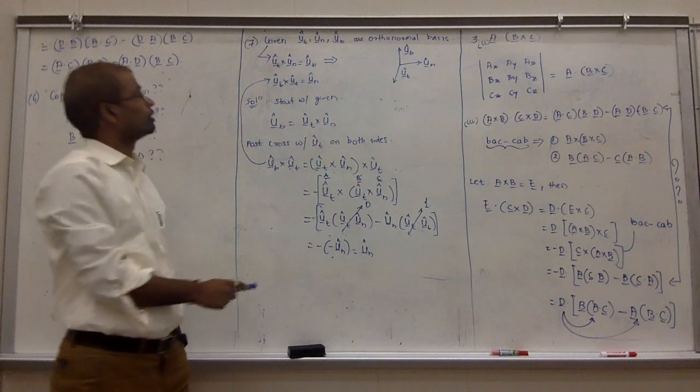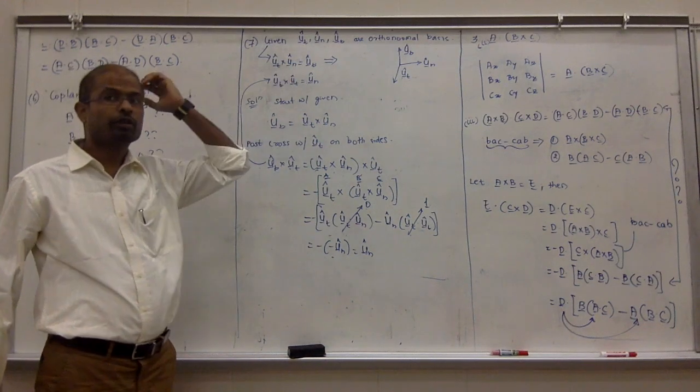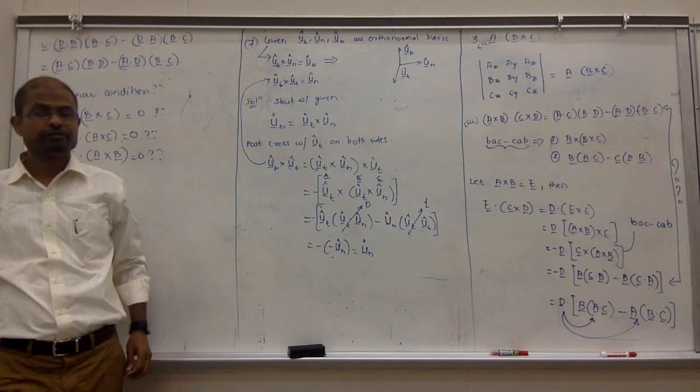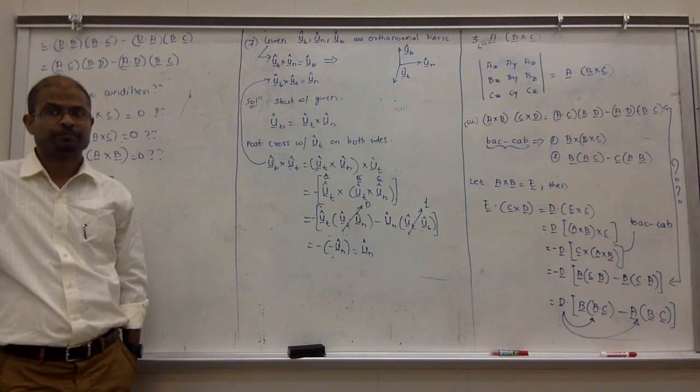For the second one, you need to cross every T. The second one, you have to change the order.